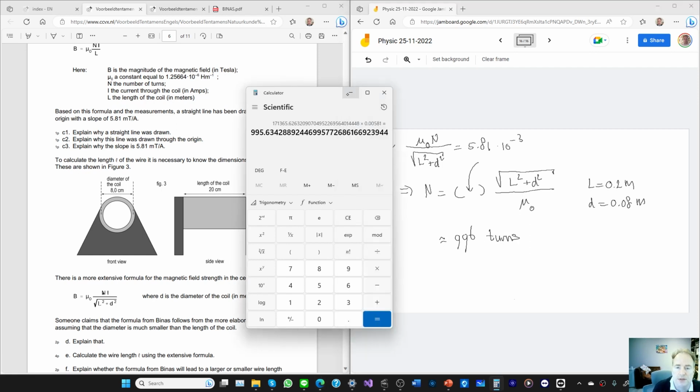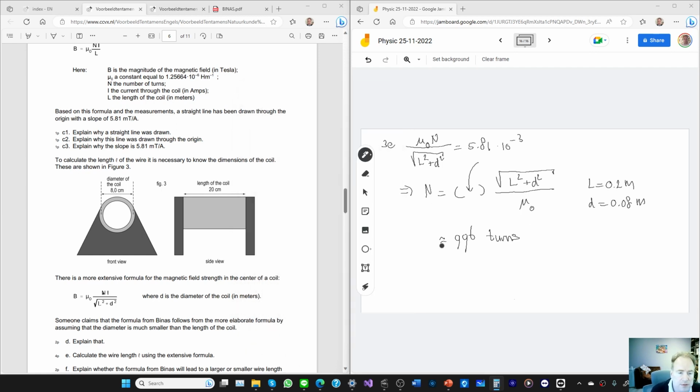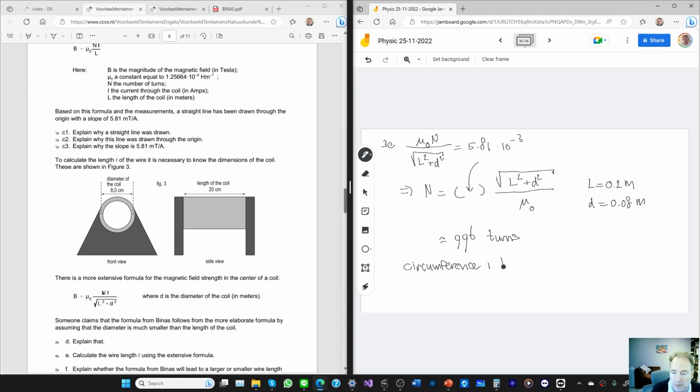I have these loops in the foil. Now we know the diameter, so we know the circumference of one loop. So the circumference of one loop is 2 pi r, which is 2 pi times the diameter divided by 2, is pi times the diameter.